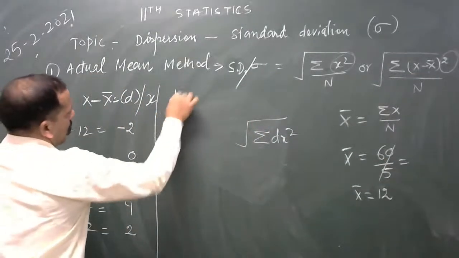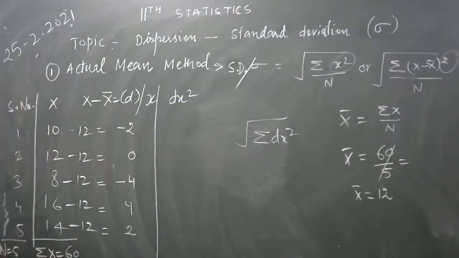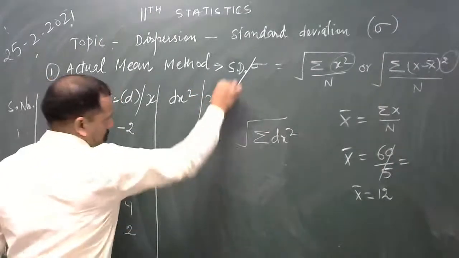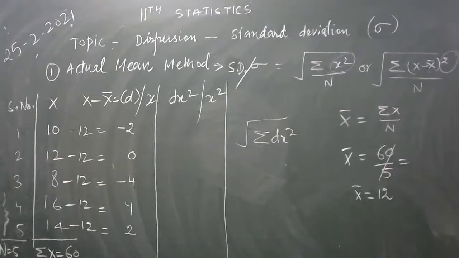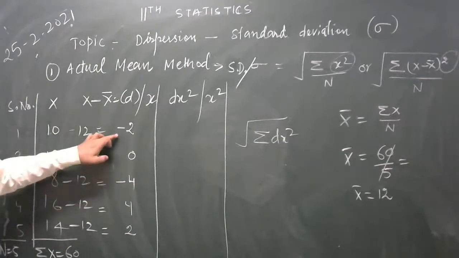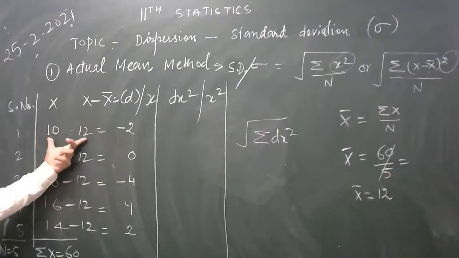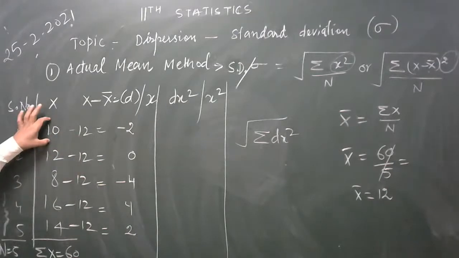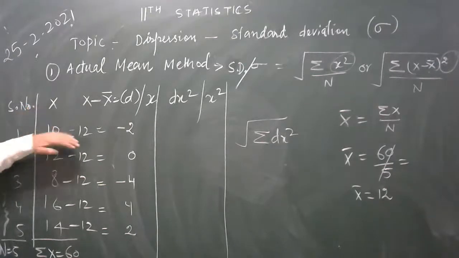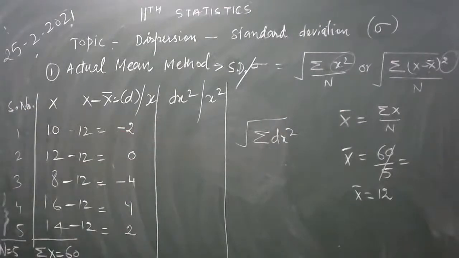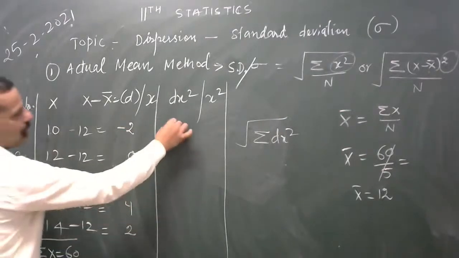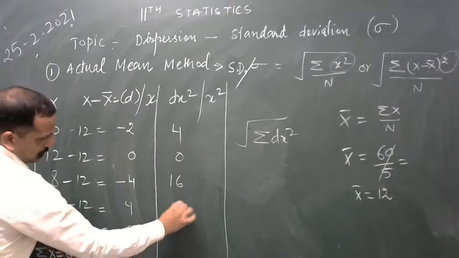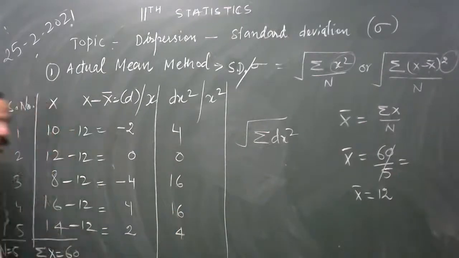Here I am writing dx square, or x square: the square of the deviation. Deviation is the difference between these two values: this is your mean, and this is the value of the variable. So the square of the deviation: minus 2 squared is 4, 0, 4, 16, and 4.